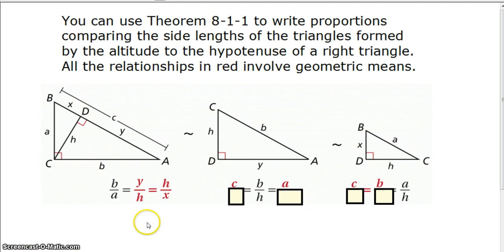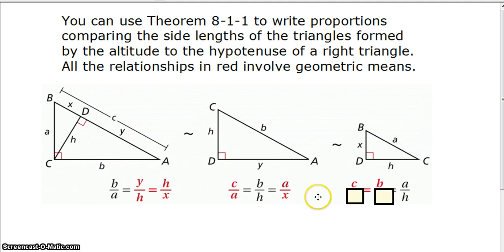So we can also say that c, which is the hypotenuse of the large triangle, is to a, which is the shortest leg, as b in the middle-sized triangle is to h, shortest leg, as a, which is the hypotenuse of the small triangle, is to which side is the shortest in that triangle? x, that leg, right? So notice that the first ratio and the last ratio have geometric means. They both have a, one in the denominator, one in the numerator.